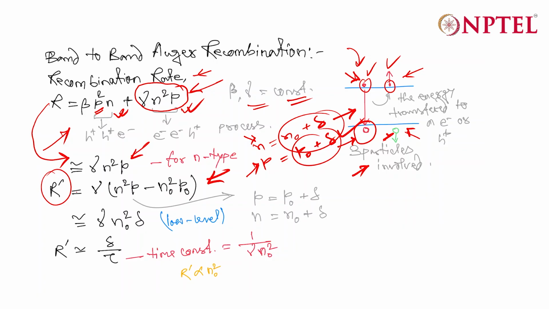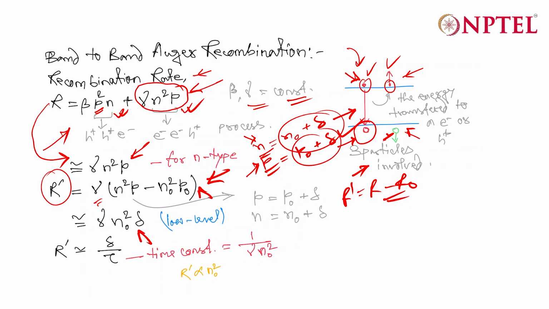So similar to the previous case, the excess recombination rate is a constant into n square p minus n0 square p0 square, because your R dash is equal to R minus R0. Then you will get an expression of this kind. After replacing the value of n and p, you will get the final value, which is a constant into n0 square into delta. Delta is the excess carrier, right?